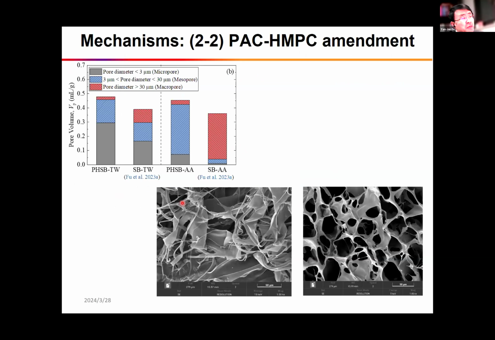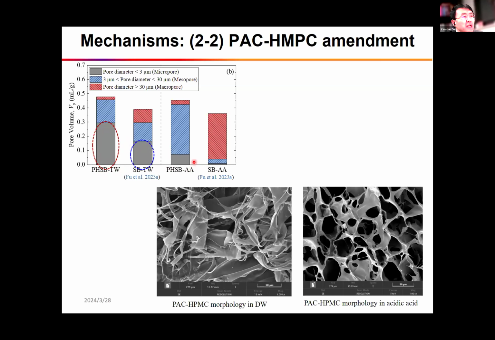So what is the reason why it happens? We tested the pore size distribution of the backfill. Interestingly, we find the amended backfill has much higher micropore volume as compared with the unamended backfill.